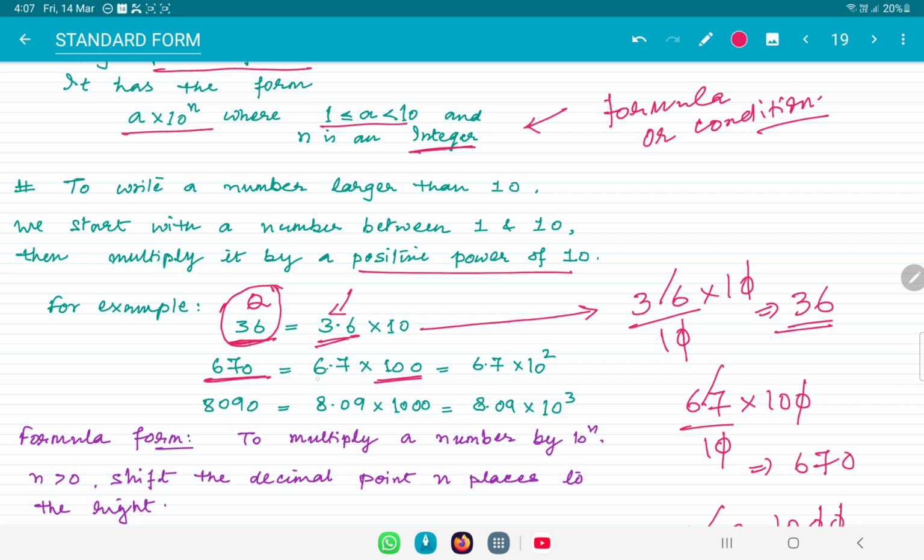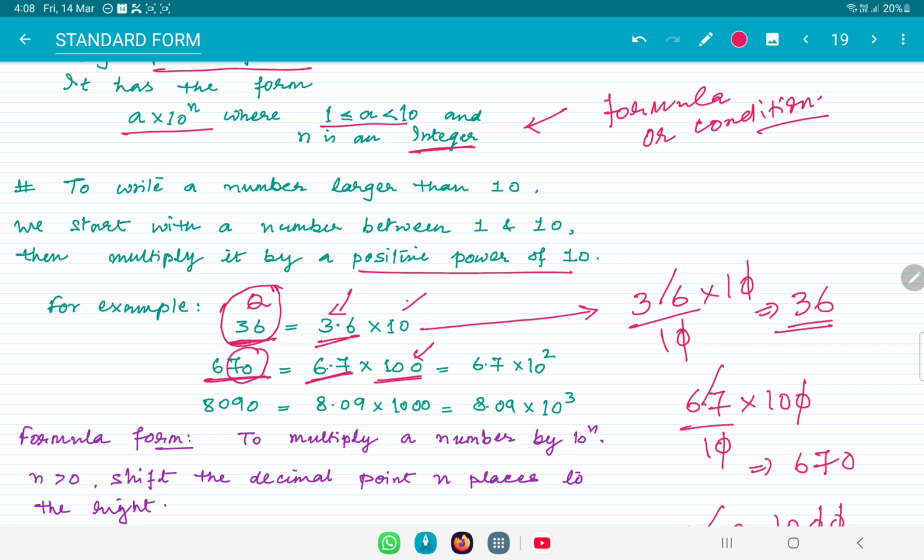Again the same condition here, it is 670, so where should we put it? 6.7. And how many digits do we have to move the decimal? 2 digits. Since 2 digits are here, we will multiply it by 100.